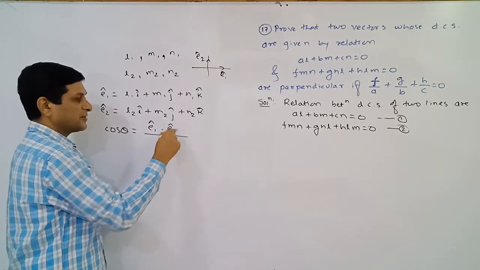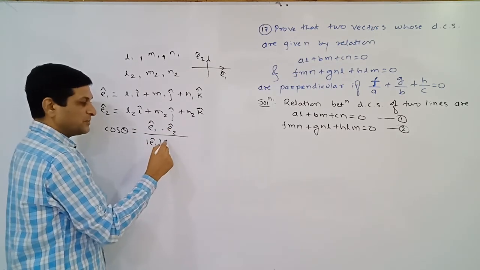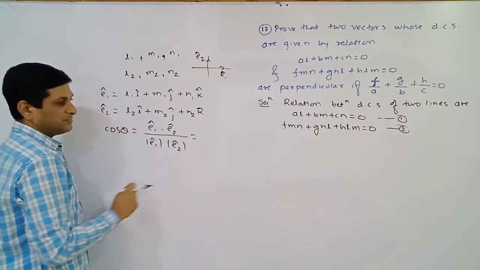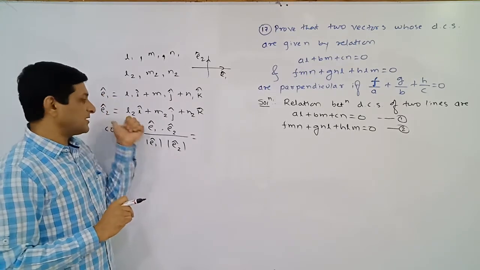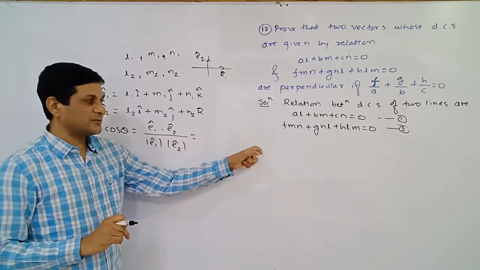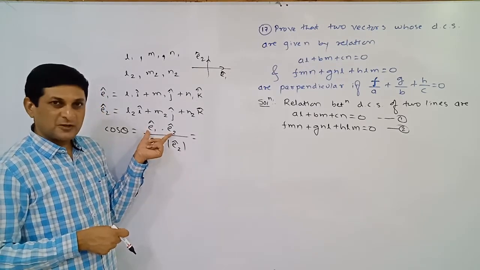So in the numerator we will get e1 cap dot e2 cap divided by magnitude of e1 cap into magnitude of e2 cap. Now magnitude means what? Magnitude of a unit vector is 1. So here we will get 1, here we will get 1. 1 into 1 is 1, so it is not necessary to write 1 in the denominator. Now in the numerator we are finding the dot product of these two vectors.